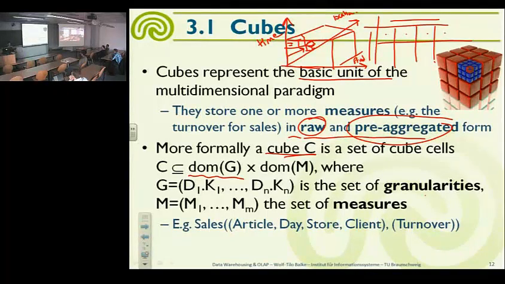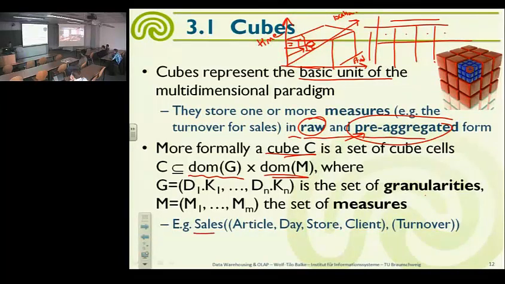You start off the cube with the finest granularity, and that is why we call it the pre-aggregated form. So it's a Cartesian product between these granularities of the different dimensions that you've identified, multiplied by the different measures that you've already established for that certain fact, for that cube, for the sales cube, for the price cube.